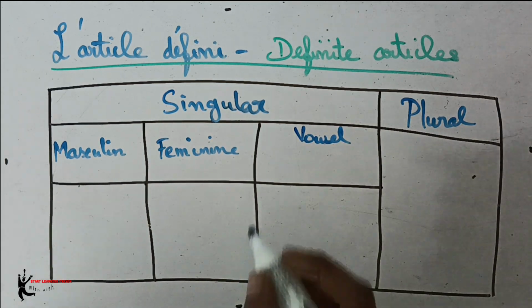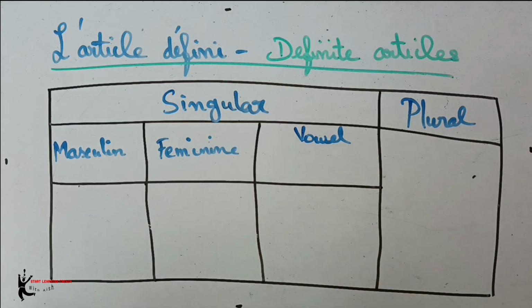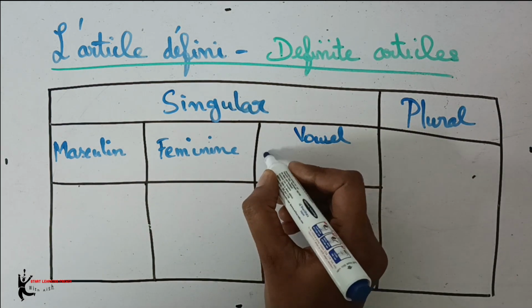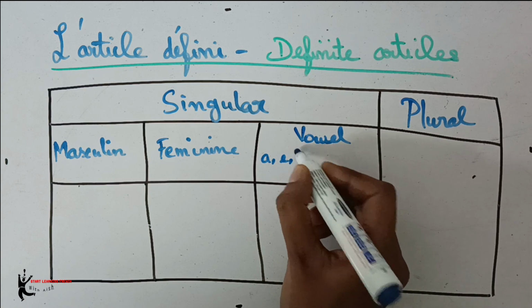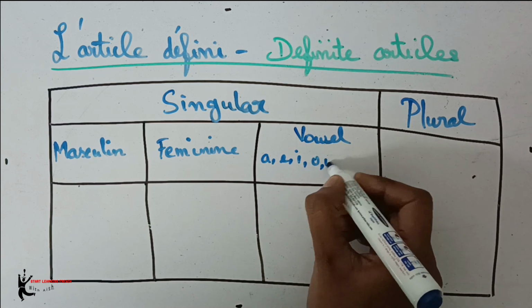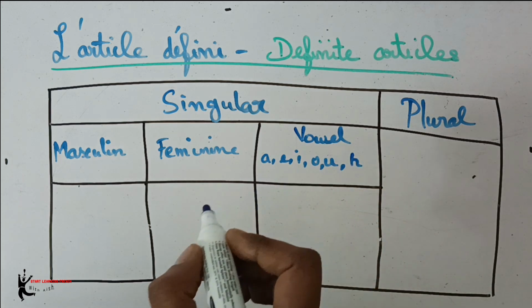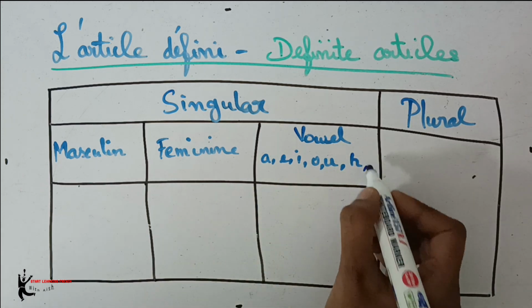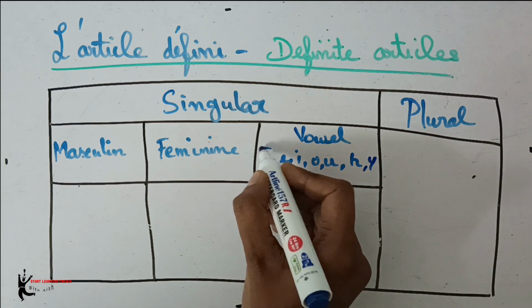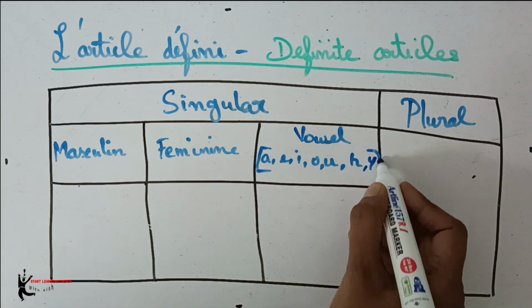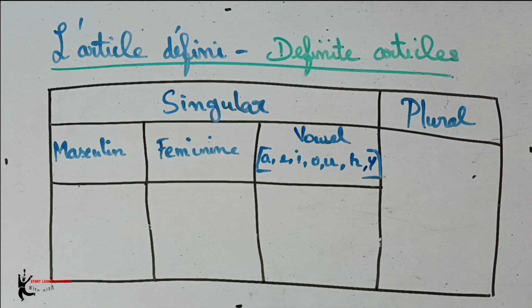The vowels in English are the same in French, but you have to add more. That is, the vowels are A, E, I, O, U, and in French we have H and Y as well.